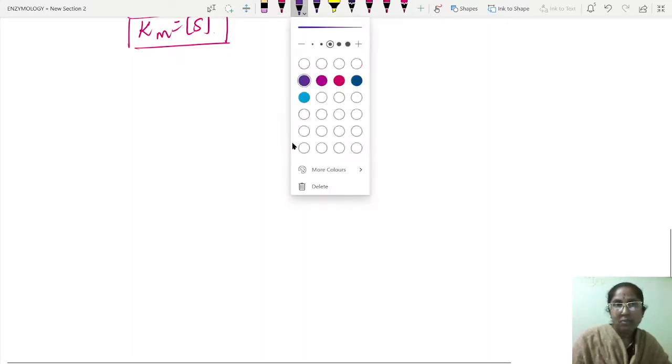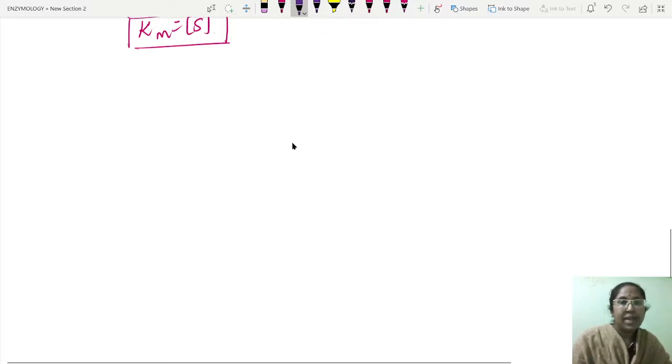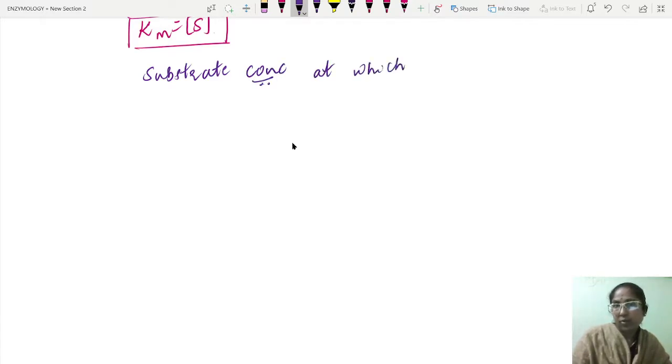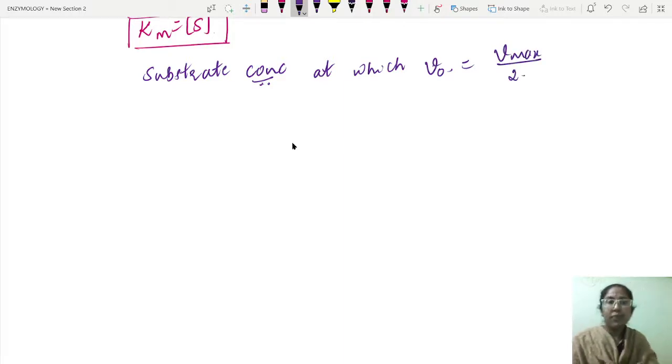This Michaelis-Menten constant is nothing but the substrate concentration at which the velocity of the initial reaction is equal to half of the maximal velocity.